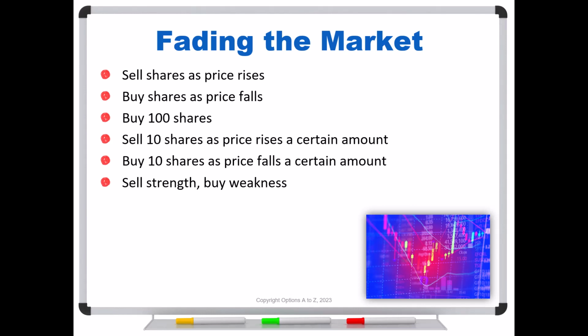So it becomes super easy to buy into the weakness, and of course, super easy to sell into the strength. When everybody's out there buying, they're looking for sellers, so you can just do the opposite. You could probably place your sell orders even above the asking price, and there's a very good chance you're going to get filled. So that's one benefit of fading the market.